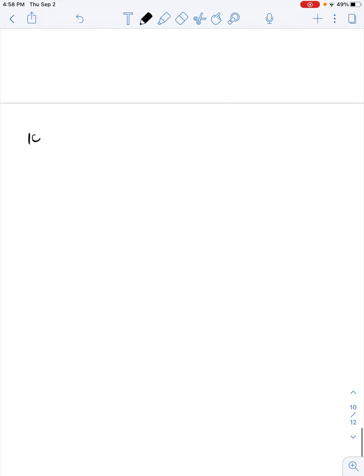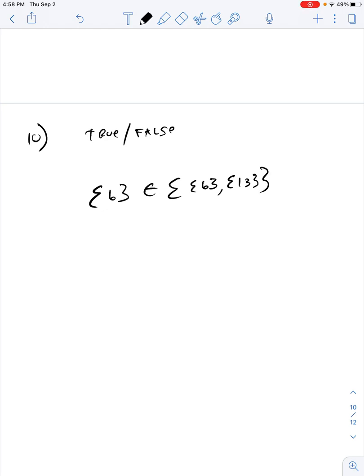Number 10, still doing the same thing. Well, number 10 asks us, is this true or false? All right, and it looks something like this. So, very interesting here, right? Because here, the fact that we have braces means this is a set. Here we have braces means that's the set.